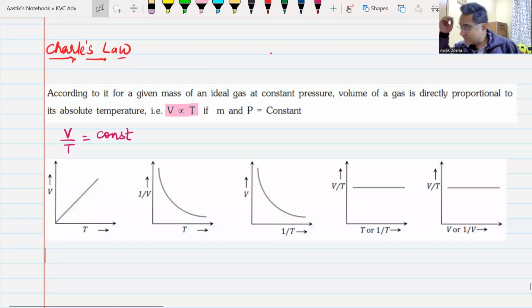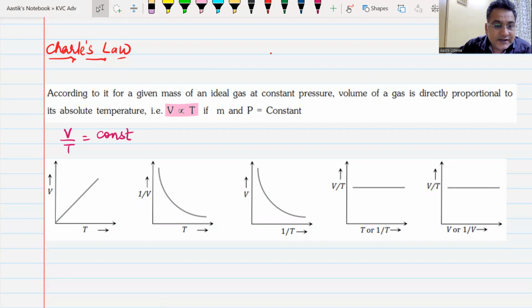These are the different graphs that you can draw between V and T. Between 1 by V and T, it will be a rectangular hyperbola. Between V and 1 by T, also a rectangular hyperbola. Between V by T and T, V by T is a constant, so the graph remains a constant line. Do we understand this? Yes or no?